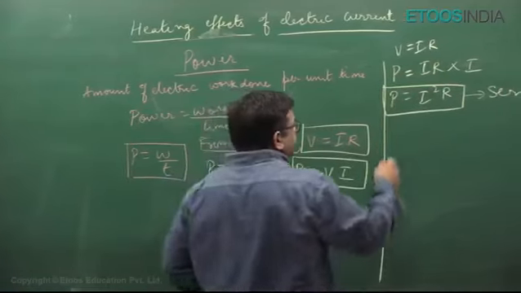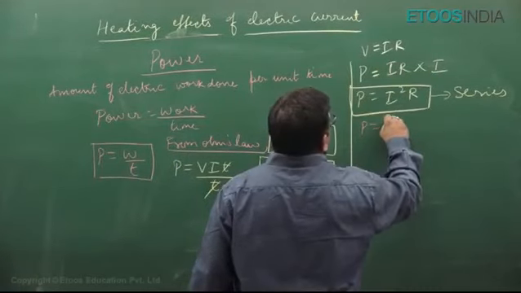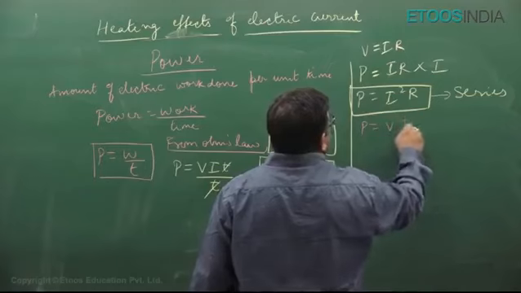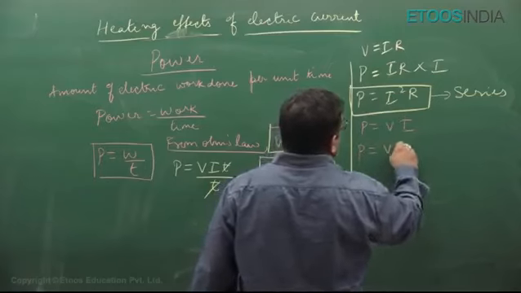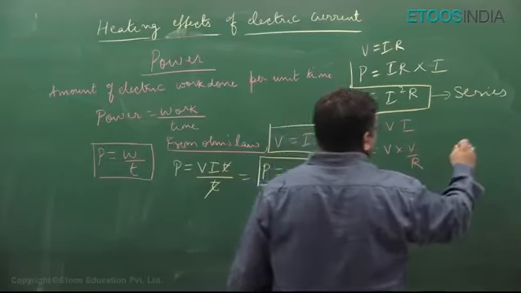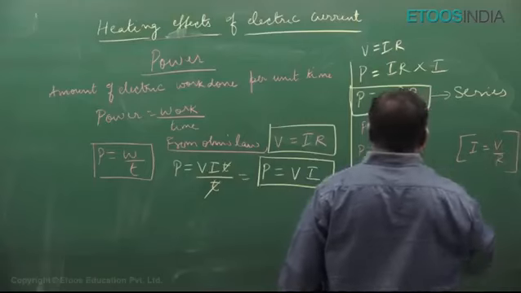Now, in here again, if I am writing P is equal to VI, then P is equal to V into V upon R, because I is equal to V upon R, again from Ohm's law.